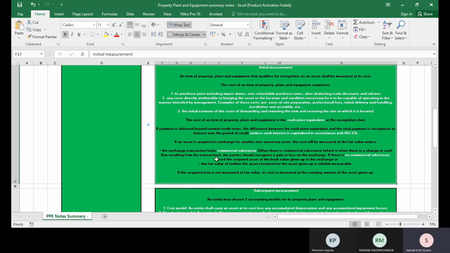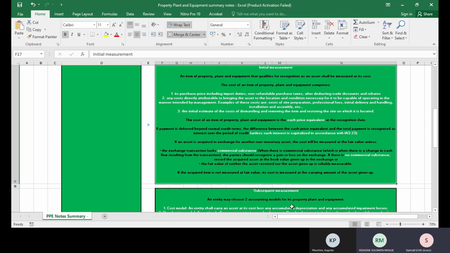So for example, what are they saying here? They are saying if you acquire an asset in exchange for another non-monetary asset, you must measure that asset at the fair value unless the exchange transaction lacks commercial substance.